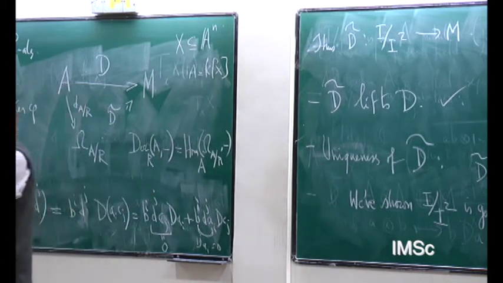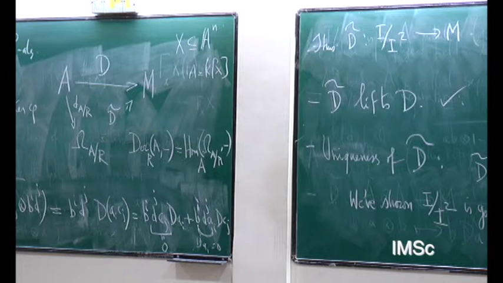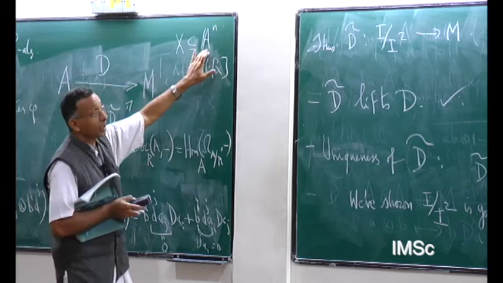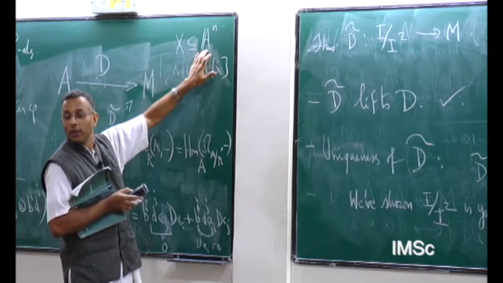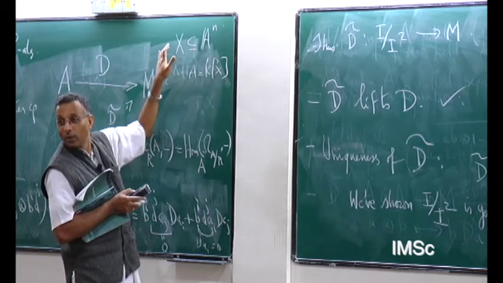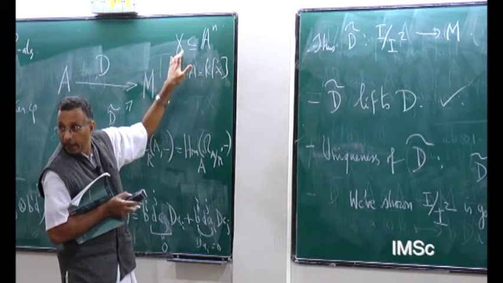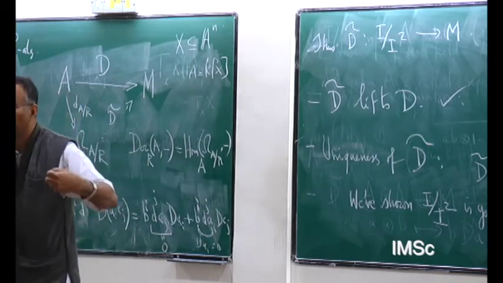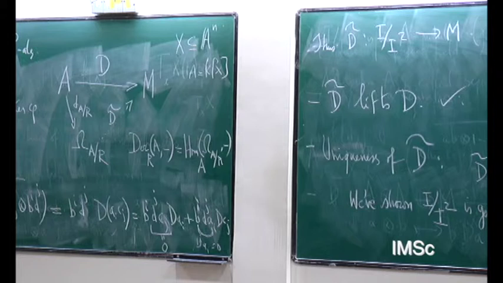Okay? At the moment, you've only pulled back the cotangent bundle. So if you are taking a free module over the polynomial ring, you are doing the cotangent bundle here. If you are doing the free module over the ring A, then you are pulling back the cotangent bundle to X, right?